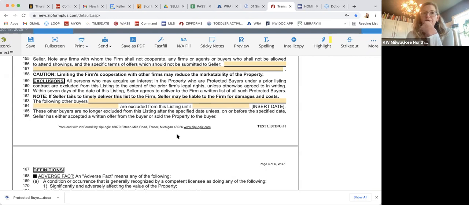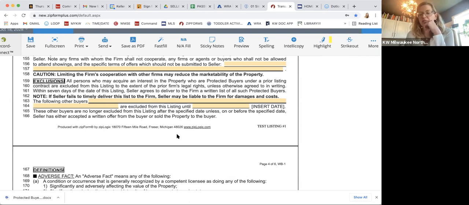So these are those potential buyers that the seller may have engaged with prior to listing the home with you. They could say to you, my neighbor expressed an interest in purchasing the home a couple months ago. If they come around, we want to exclude them from this contract and not owe you a commission if they purchase the home.